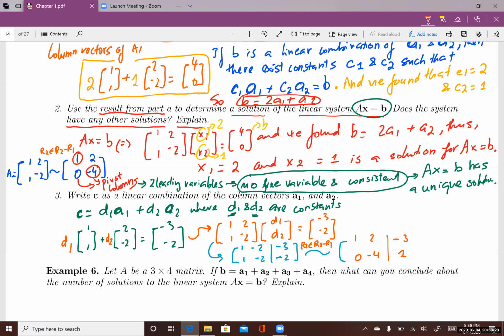Okay. So at this point, -4, so it's just like x1 plus 2x2 equals -3, and -4x2 equals 1. So if I translate this augmented matrix to a system, at this point, what do we know about x2?